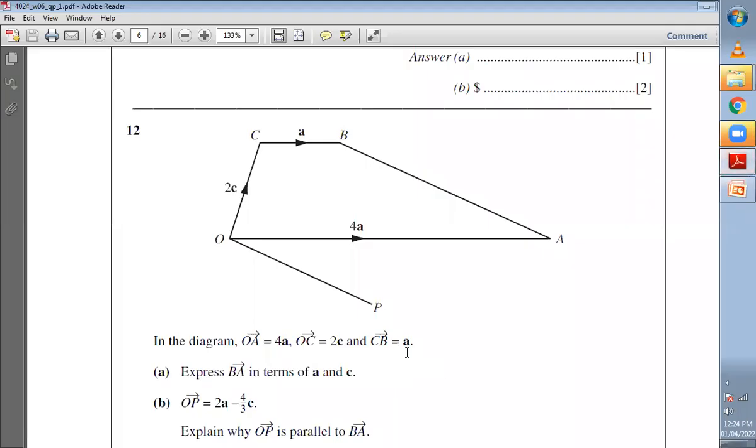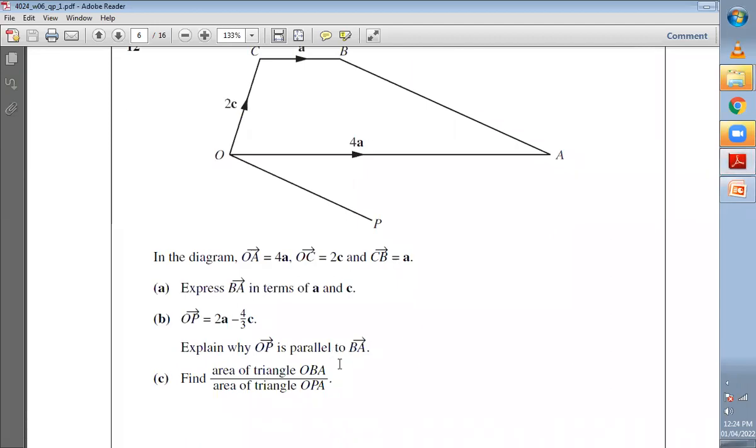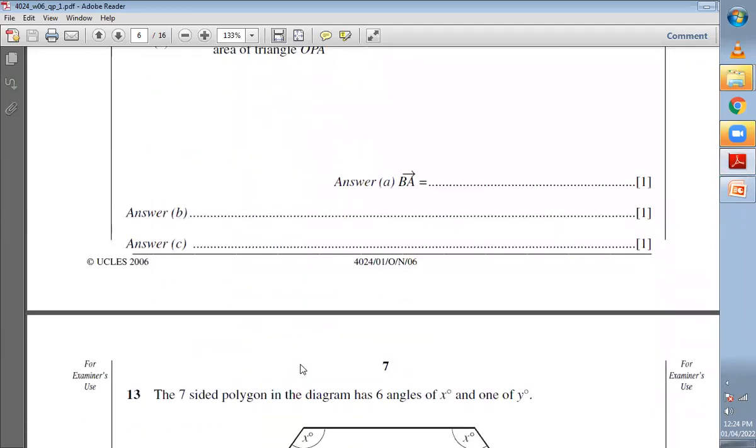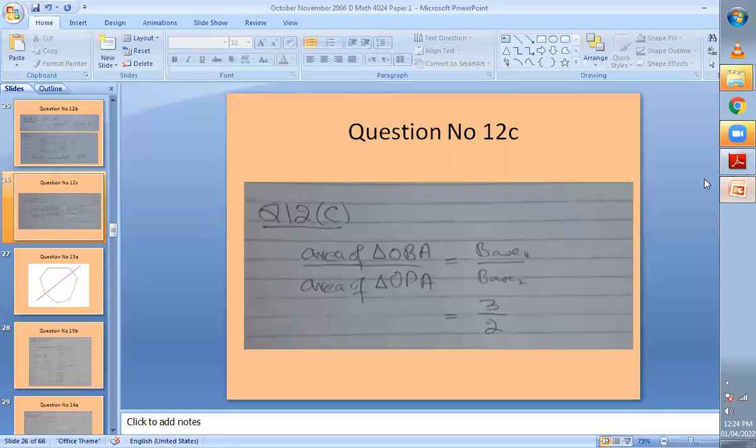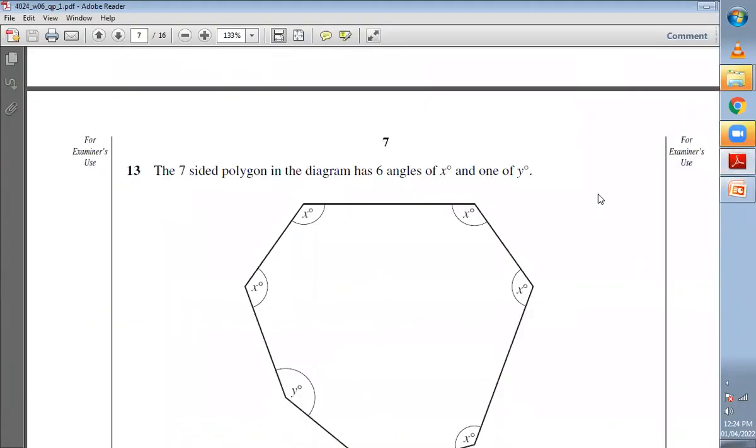How do I know that? We already know the ratio between the two sides. So its area will be large, that will be 3, and its area will be small, that will be 2. So whatever is the ratio of their bases, that is the ratio of their areas. Hopefully you understand. It's a little tricky.